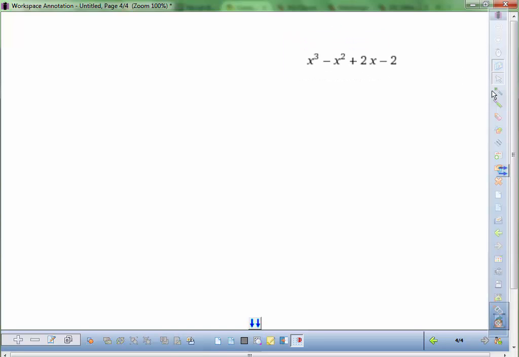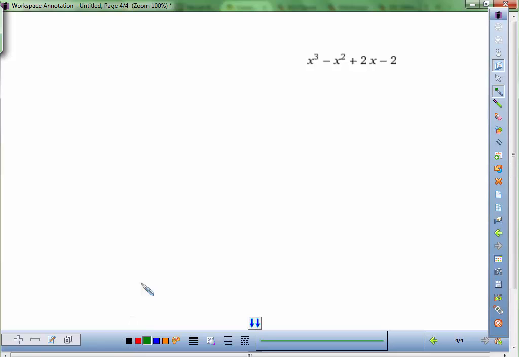So that's my auxiliary equation, and if I'm writing a test or a quiz, my original problem must look like this.